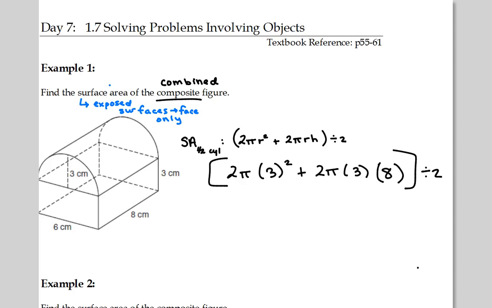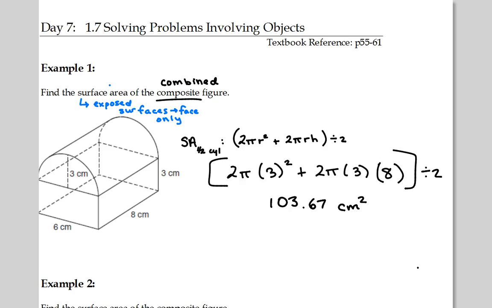And we're using the pi button. I got 103.67. You guys agree? Alright, so that's for the half cylinder.